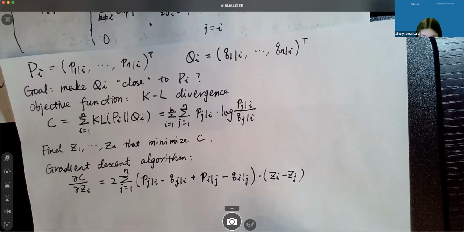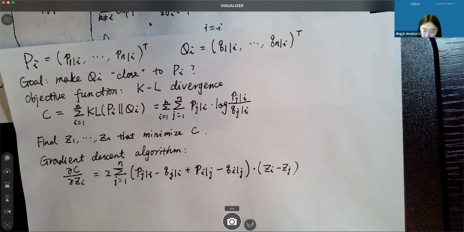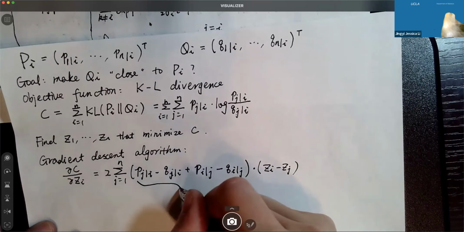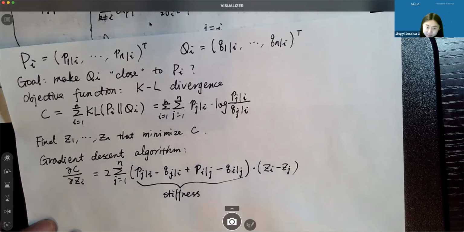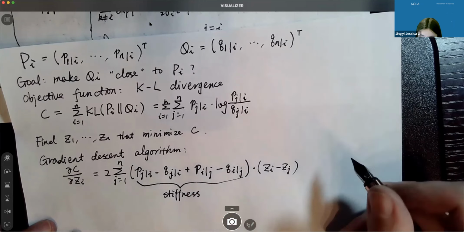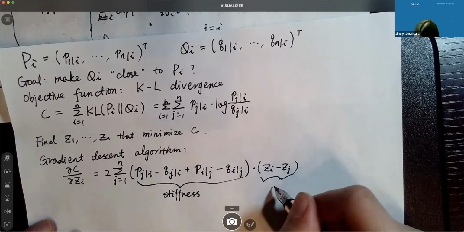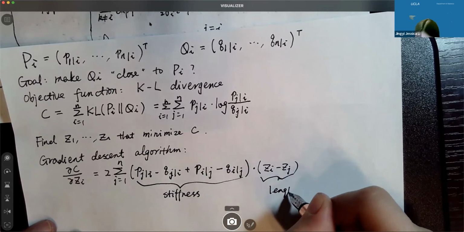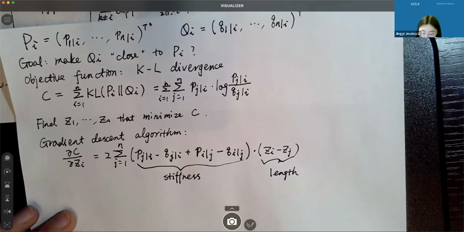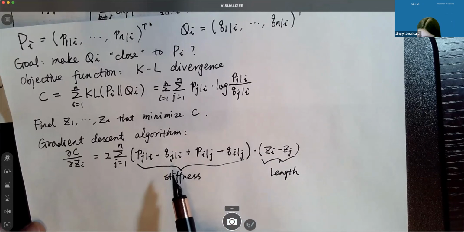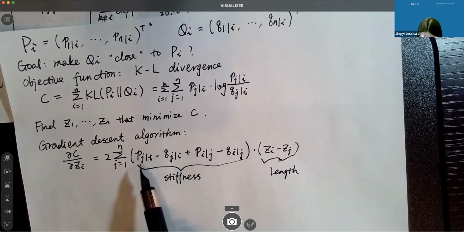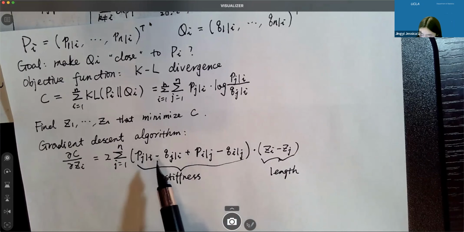Okay, I think the machine learning people are very good at giving names to the mathematical terms to make sense of them. They call this term stiffness, and they call this the length. My interpretation is that the stiffness is about how similar the two probabilities are, one in high dimensional space and one in low dimensional space.